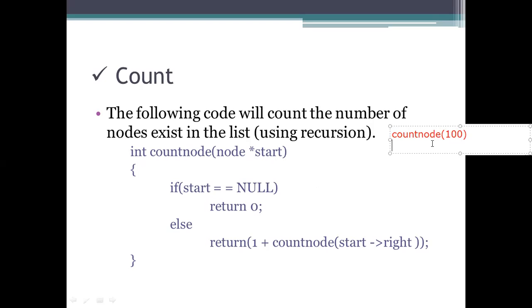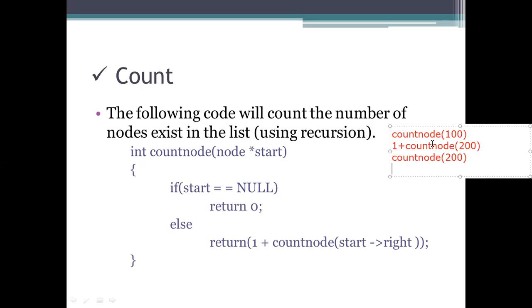So here, 1 plus, we are calling the method count node of the start address 100. 100's right means 200, and we are passing that value. Now it is taken as count node of 200.